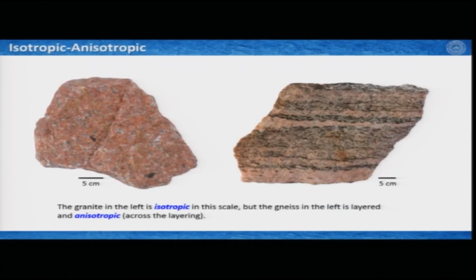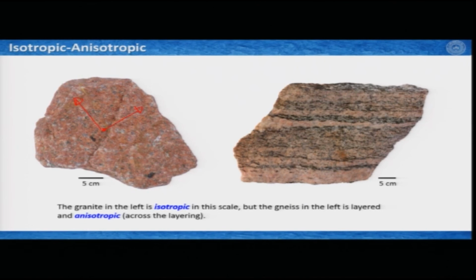About this isotropy and anisotropy, these two are the photographs of two granite hand specimens. The first one is sort of a massive granite. You can see many different scales, but statistically if I consider this entire specimen, then it does not matter if I am measuring a property from here to here, that is in two different directions, they would appear more or less the same.